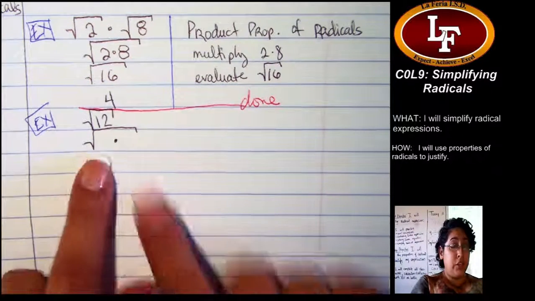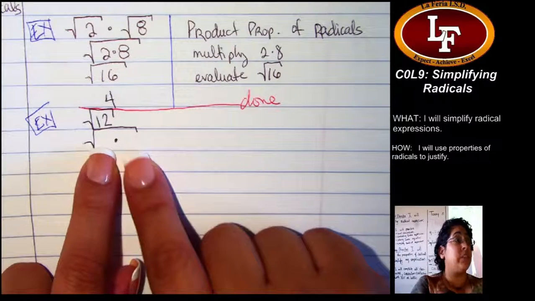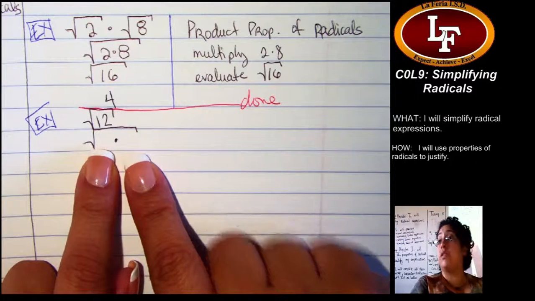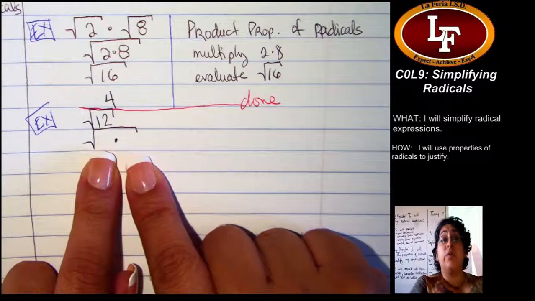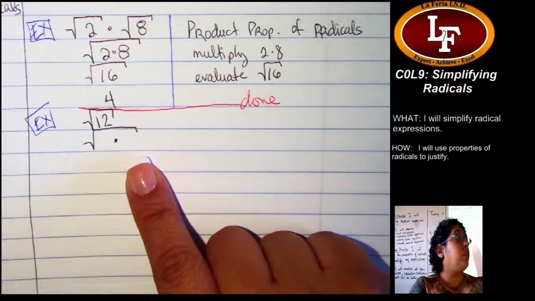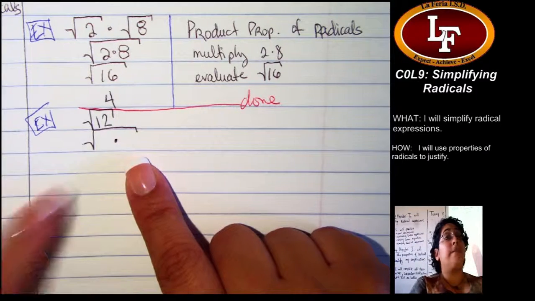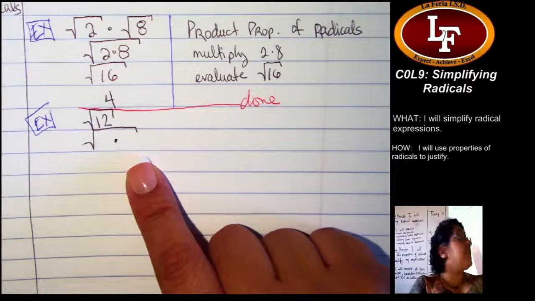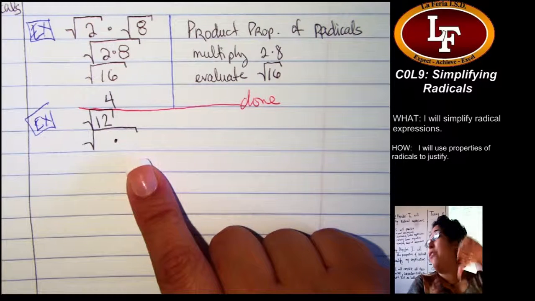If I picked 2 and 6, I'd be looking at the square root of 2 and the square root of 6. Does the square root of 2 have a whole number square root? No. Does the square root of 6? No. 3 times 3 is 9, not 6. So 2 and 6, while factors of 12, don't work for evaluating radicals.